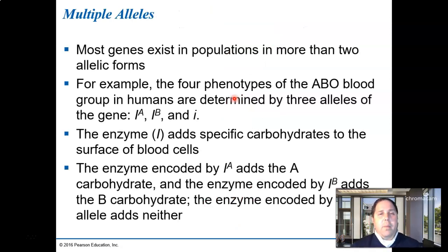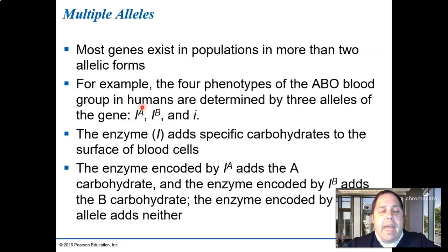Alright, multiple alleles are also a really interesting situation. Multiple alleles are when you have more than 2 forms of the gene. The 4 phenotypes of blood that we see in humans are determined by 3 alleles for blood type, I for isotype.